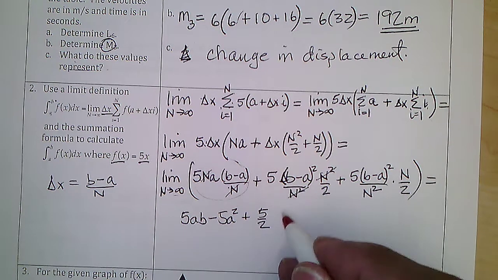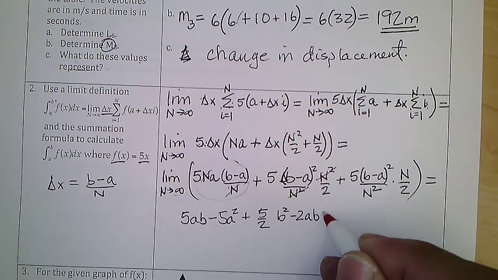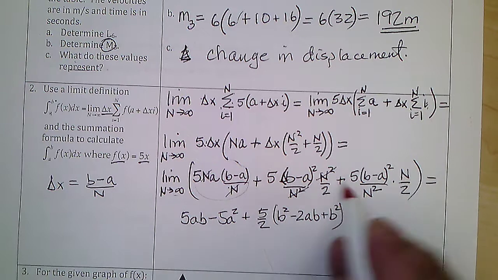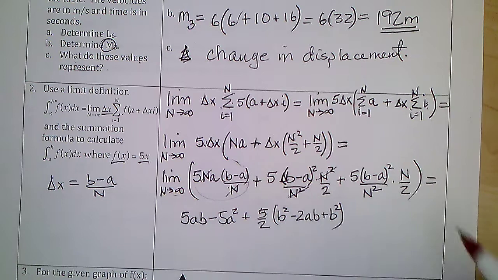b minus a squared is b squared minus 2ab plus a squared. I got the 2, I got the 5, and the n squareds cancel.